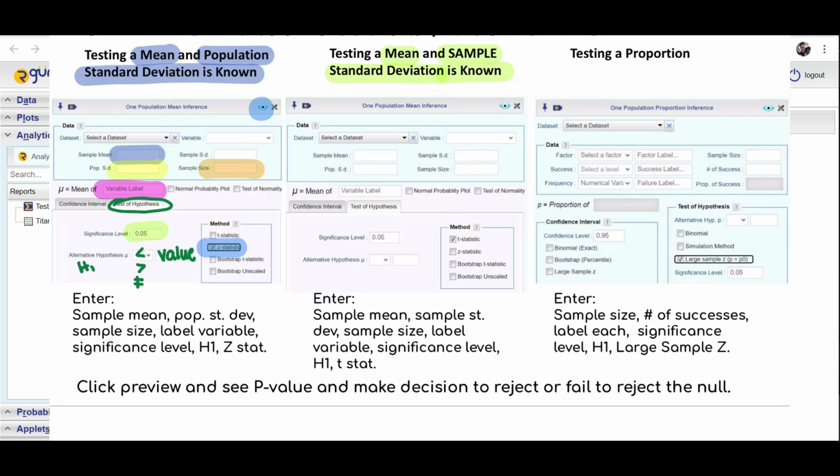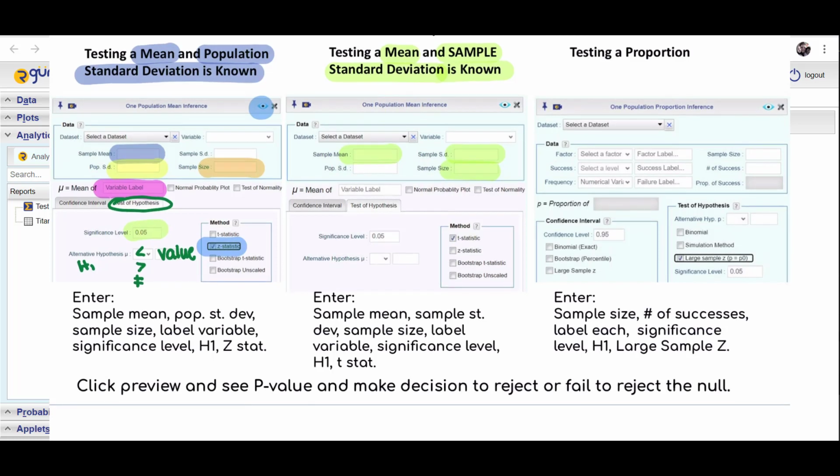This time you're going to fill in your sample mean, your sample standard deviation, and your sample size, as well as your variable label, significance level, and then your alternate statement. This is still H1. But this time you're choosing T statistic. The difference between the first one and the second one is what type of standard deviation they gave you, sample or population?